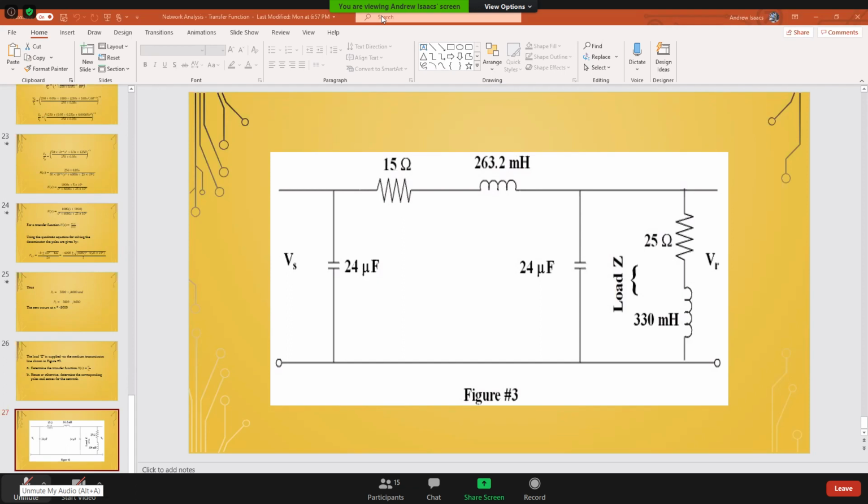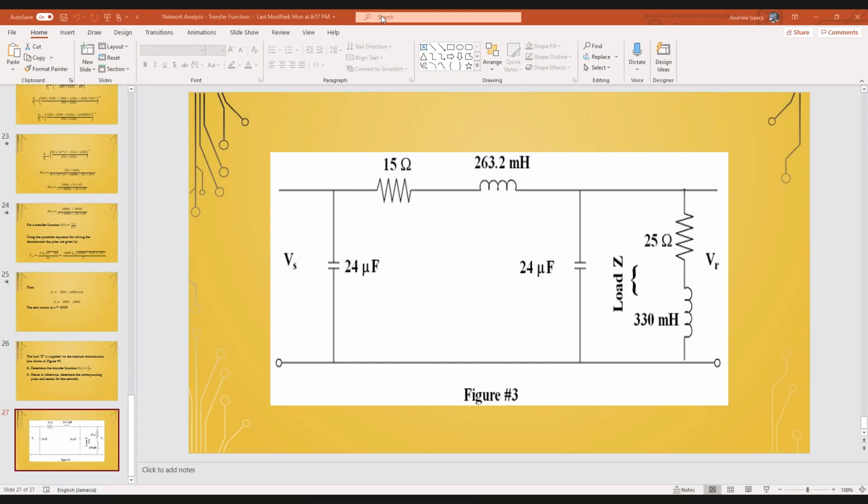Okay. Mr. Ramsey, are you also saying you got something different? The zeros, I got a number that was close, but I got different values for the poles. Okay. And what approach did you take?